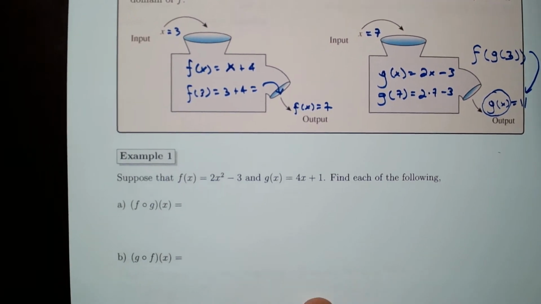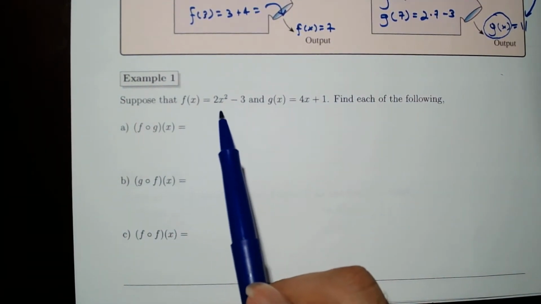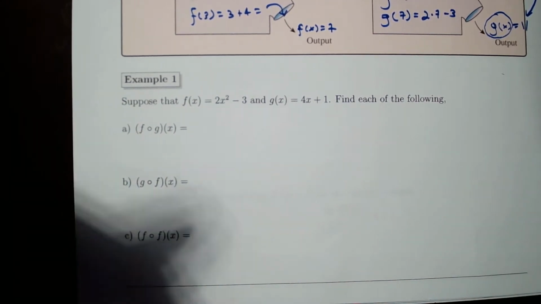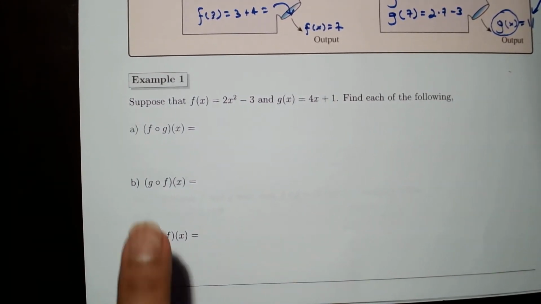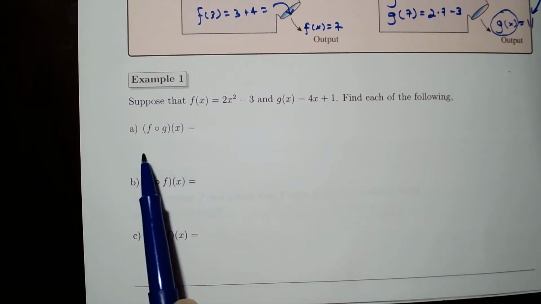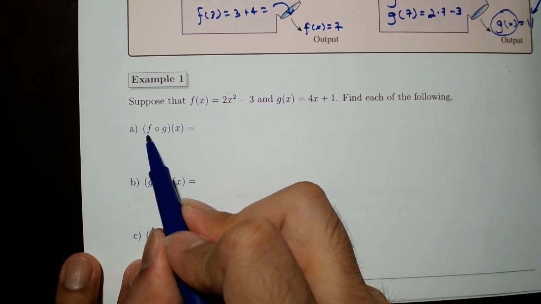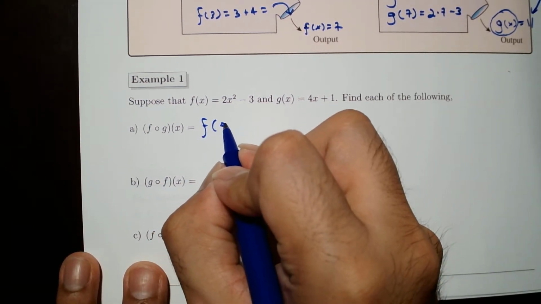So let's do a few examples. Suppose we have the function f of x equals 2x squared minus 3 and g of x equals 4x plus 1. Find each of the following. First, we are going to find the composite function of f evaluated at g. So let's change the notation.